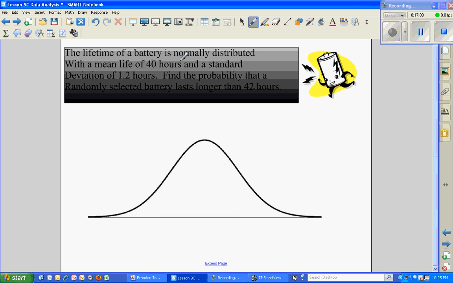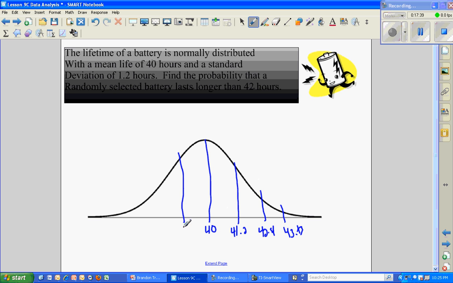Okay, the lifetime of a battery is normally distributed with a mean life of 40 hours and a standard deviation of 1.2. So that would make this 41.2, 42.4, 43.6, to 6.